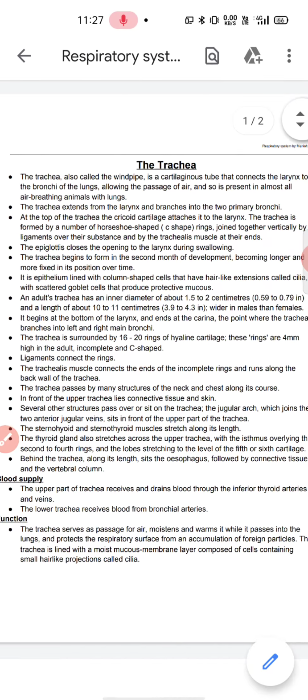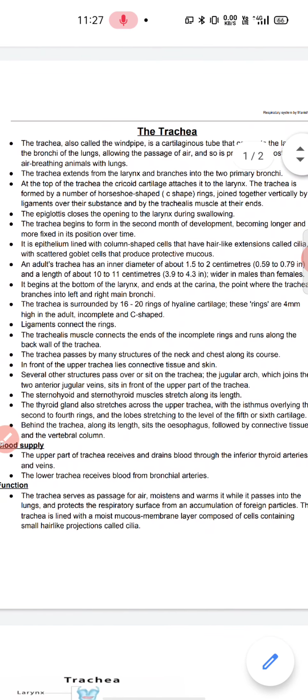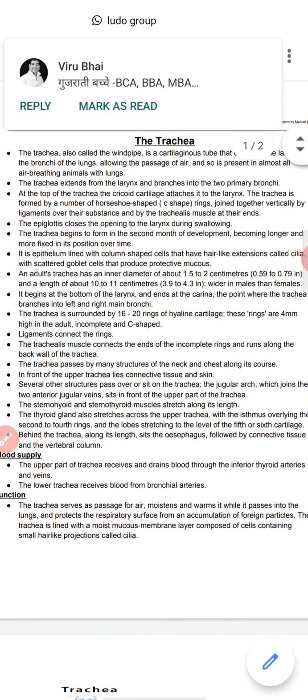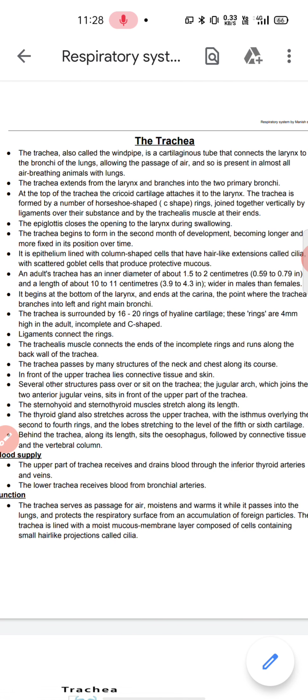Next one is the trachea. At the top of the trachea, the cricoid cartilage is attached to the larynx. The trachea is formed by a number of horseshoe-shaped, C-shaped rings joined together vertically by ligaments and by the tracheal muscles at their ends.